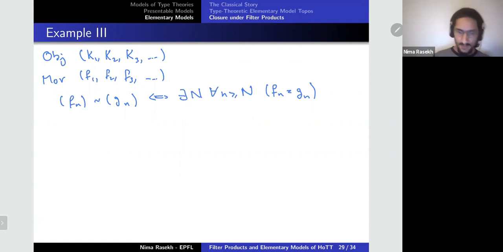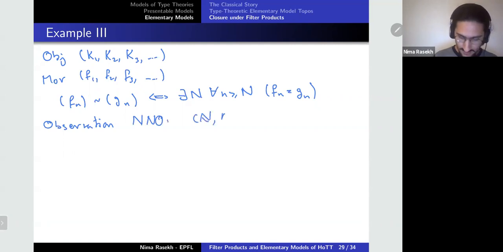Easy. And it's a reasonably standard observation that the natural number object here is given by just taking N at each level. That's because the universal property just transfers. There's nothing fancy about it. And so my claim is that this is a non-standard natural number object. And how can I see that?